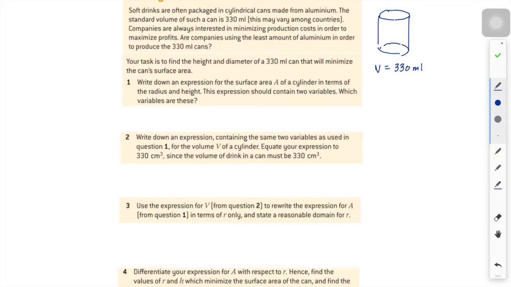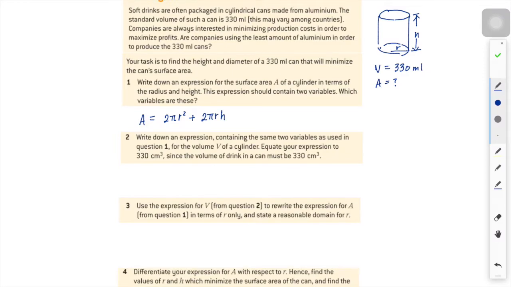Then they have mentioned the surface area, and also the radius of this can, as well as the height of this can. In number 1, we want to express the area using height and the radius. So we have the two circle tops, 2 pi r squared, plus the body, so 2 pi r, which is the circumference, multiplied by the height, right?